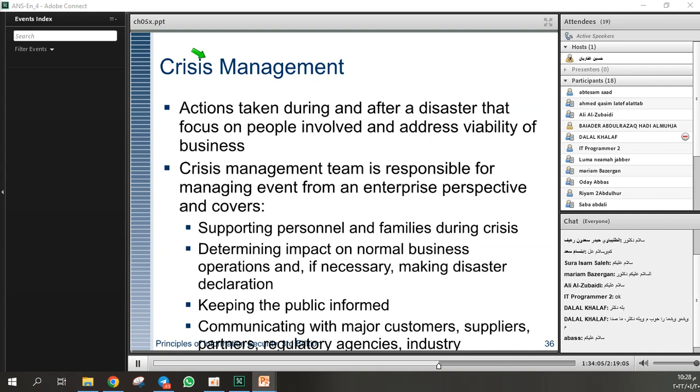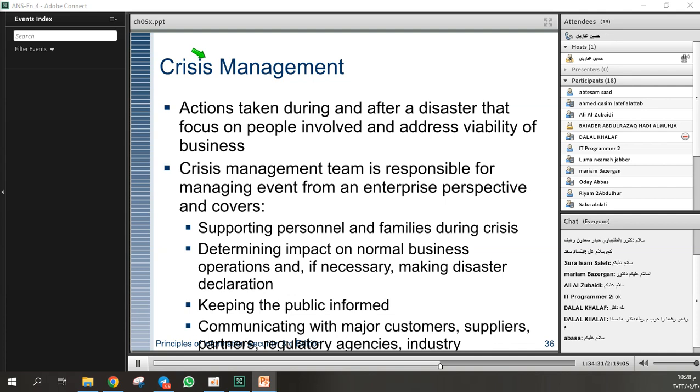Remote journaling means that you pick up the whole hard disks, tapes, and everything, put them on a truck, and go to the new site. Or you can use electronic vaulting, something like that.